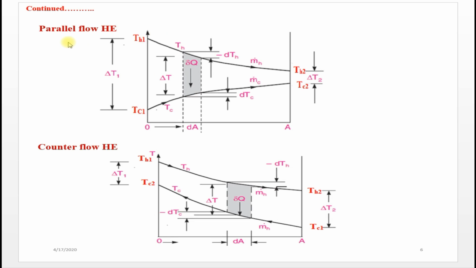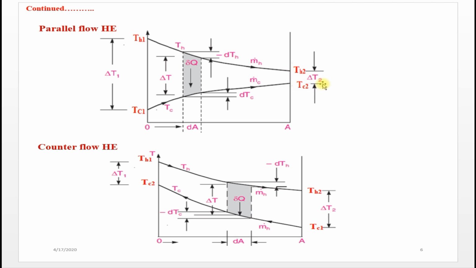Now I will explain the categories of heat exchangers, that is parallel flow and counter flow, and how to find delta T1 and delta T2, because they are required for the calculation of LMTD. For parallel flow, delta T1 is the temperature difference at the inlet side, Th1 minus Tc1, and delta T2 is the temperature difference at the exit side, Th2 minus Tc2.